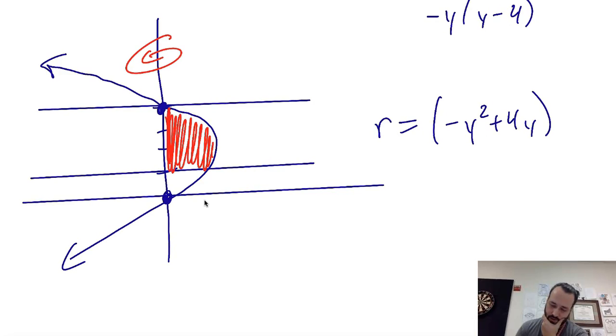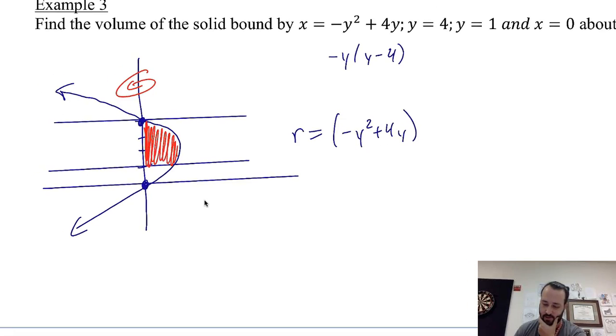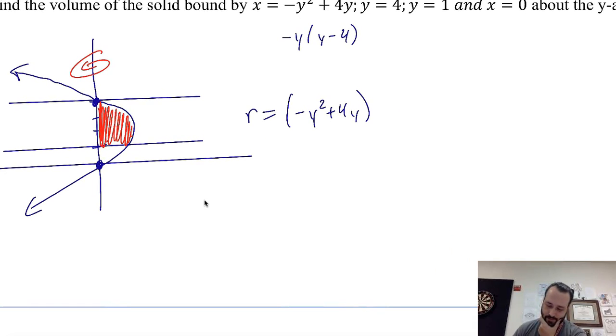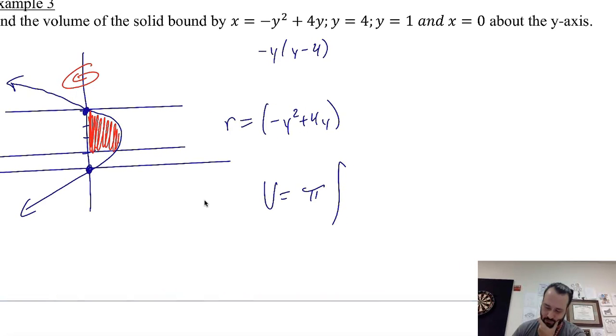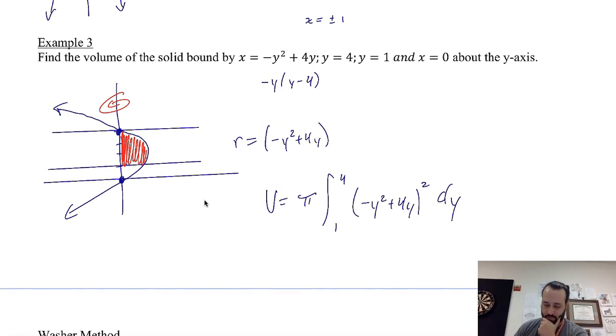It's just going that distance from the y-axis. That's how you get those heights there. So the volume would be pi integral from 1 to 4 of the radius squared, so negative y squared plus 4y squared, and then make sure you're integrating in terms of y. All right.